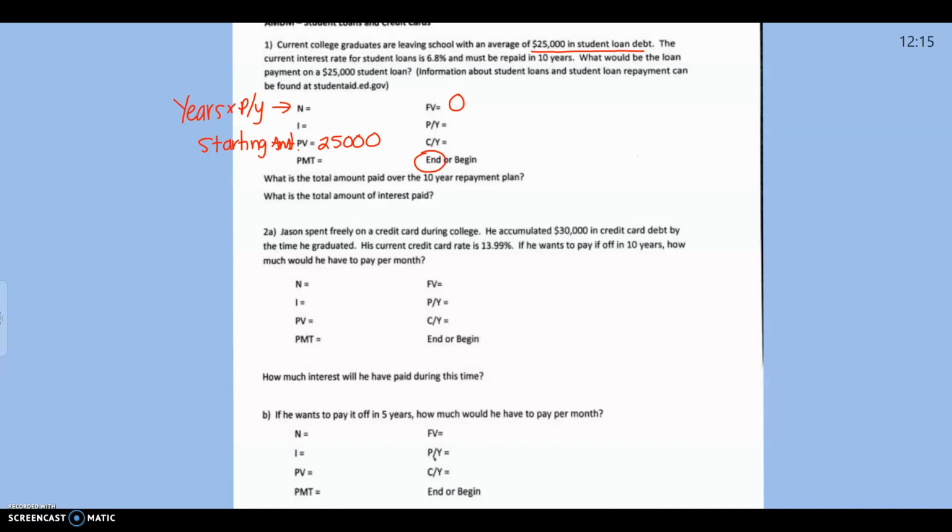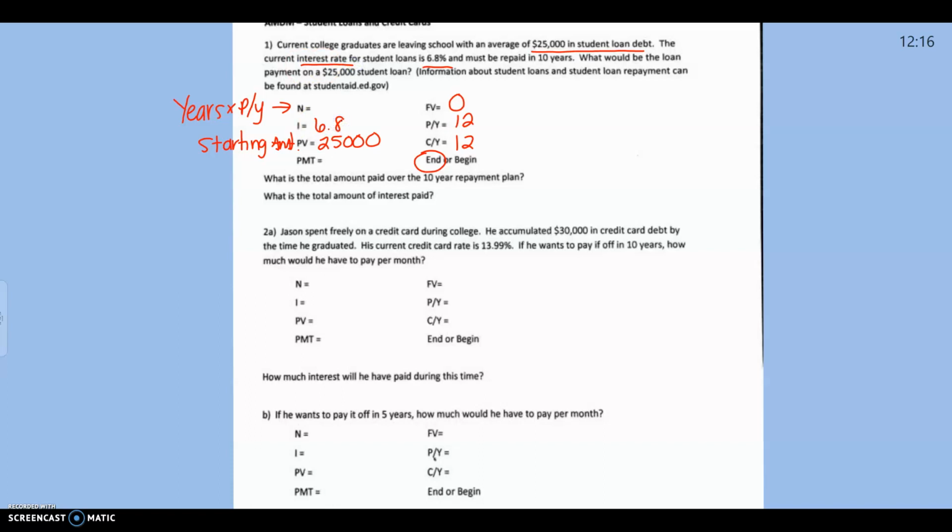And then PY and CY, y'all, that's how often you pay. You're always paying monthly. You always pay your car payment once a month. You pay your house payment once a month. You pay your loan payment once a month. So then let's read. It says interest rate is 6.8%. Now here's the cool part. You don't have to change it to a decimal. So for I, you just put 6.8 and that's it.